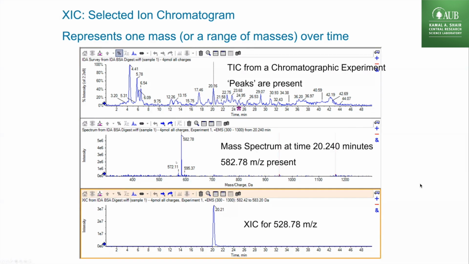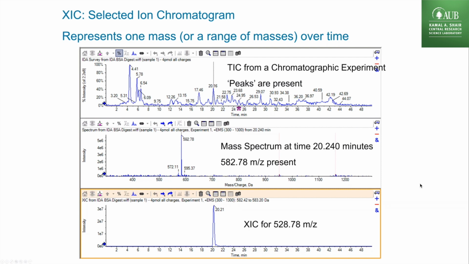So what we can do now is we can do something called an XIC, and an XIC stands for selected ion chromatogram. And this represents just one mass over time. So here I can say, all right, this is all of the masses over time in this TIC.